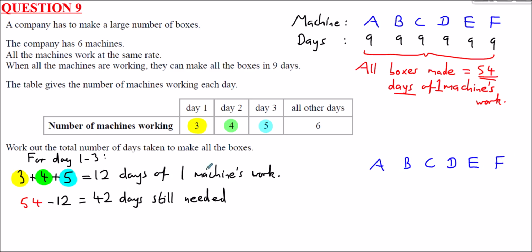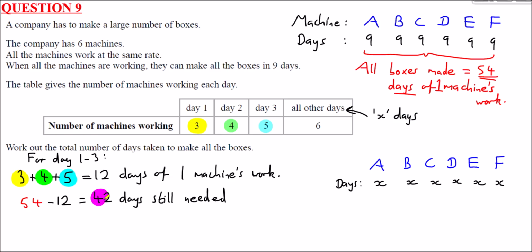Okay, so if I just say here, for example, how many extra days? Let's say they're all working for the number of extra days, which is x days. And that still needs to be 42 days of work in total.